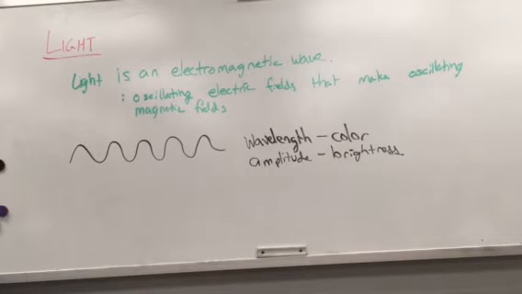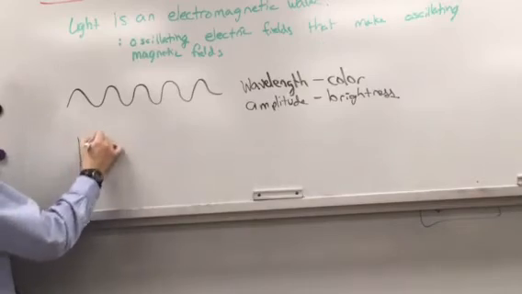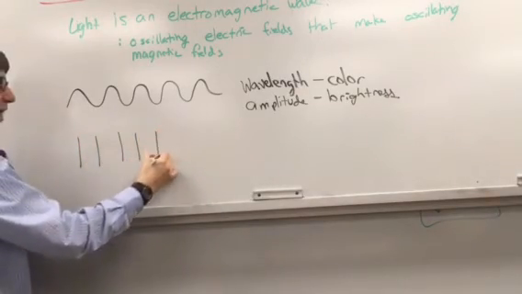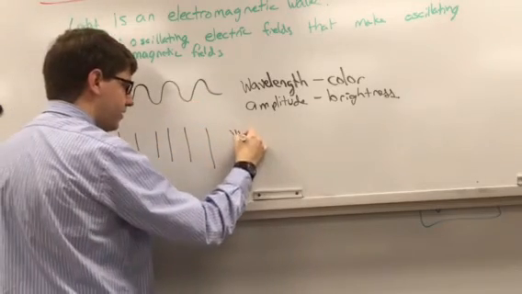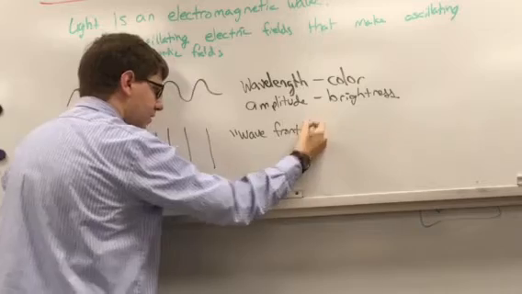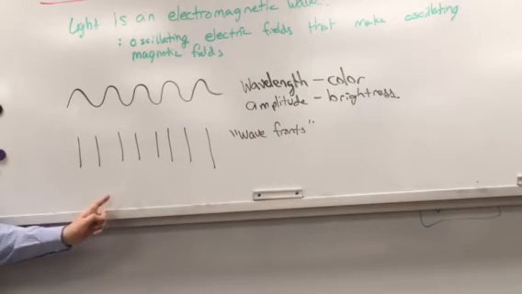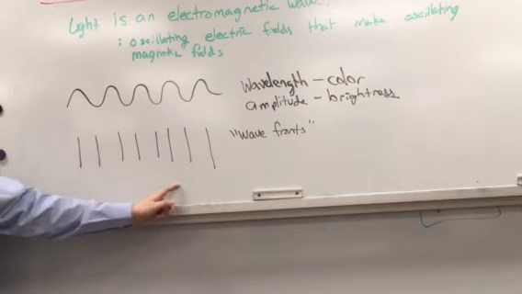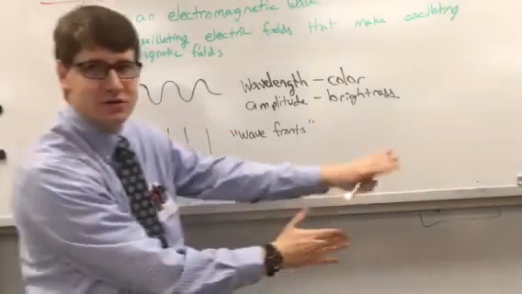One way to draw these waves is by drawing what's called a wave front, and this would be an example of a wave front. These are wave fronts, and they represent the individual crests of the wave. So the idea is these wave fronts are for a wave that's waving in this direction.